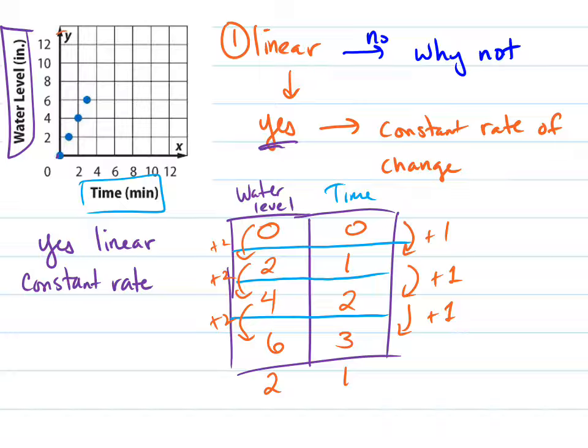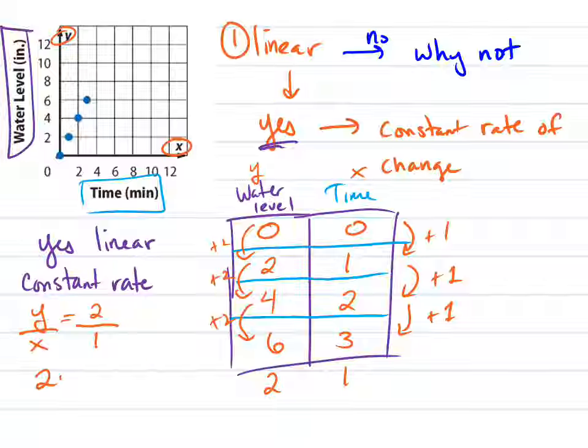So my water level is Y, my change in water level is going to be 2. My time is X, that's my denominator, and my time change is going to be 1. So the constant rate is 2, and we know it's inches, 2 inches per minute.